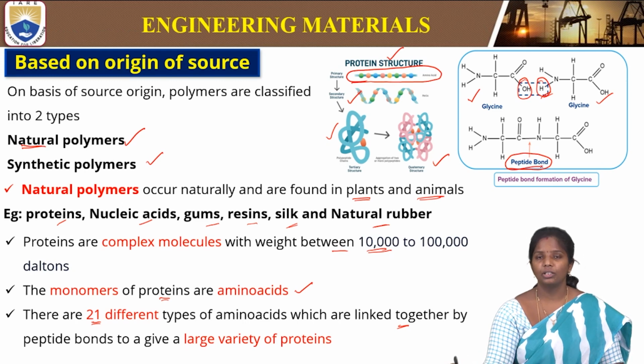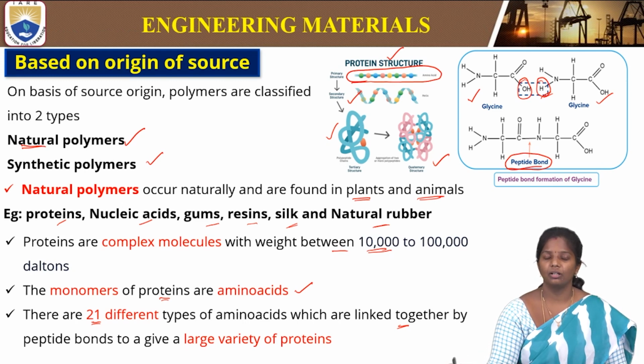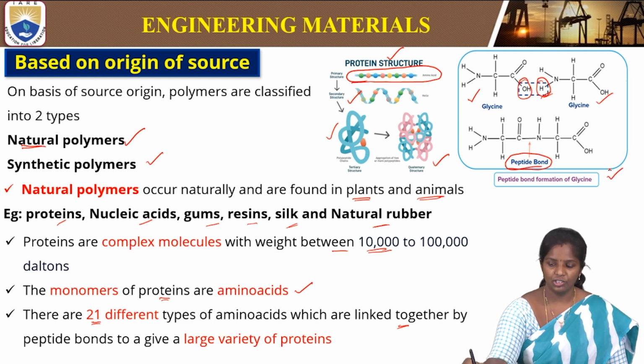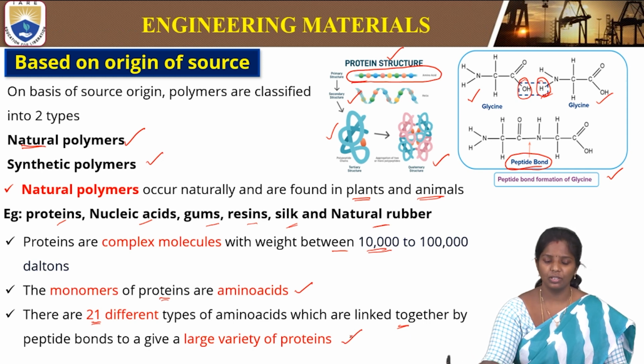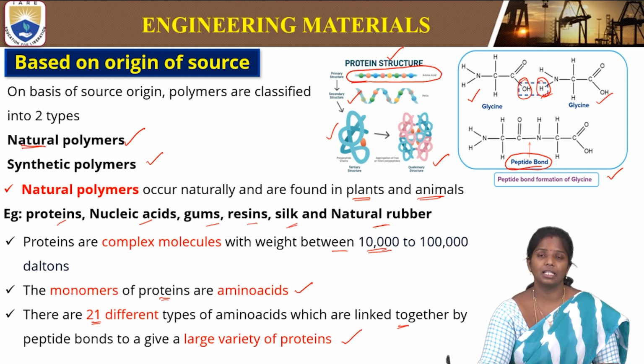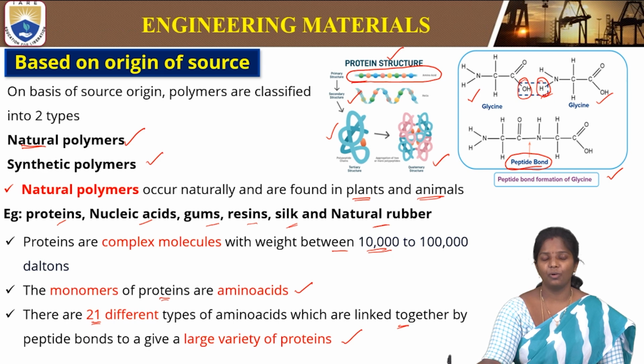This is how two monomeric units are linked to form a peptide bond and a protein chain, giving us a large variety of proteins. This is a simple example for our understanding of how natural polymers are formed.